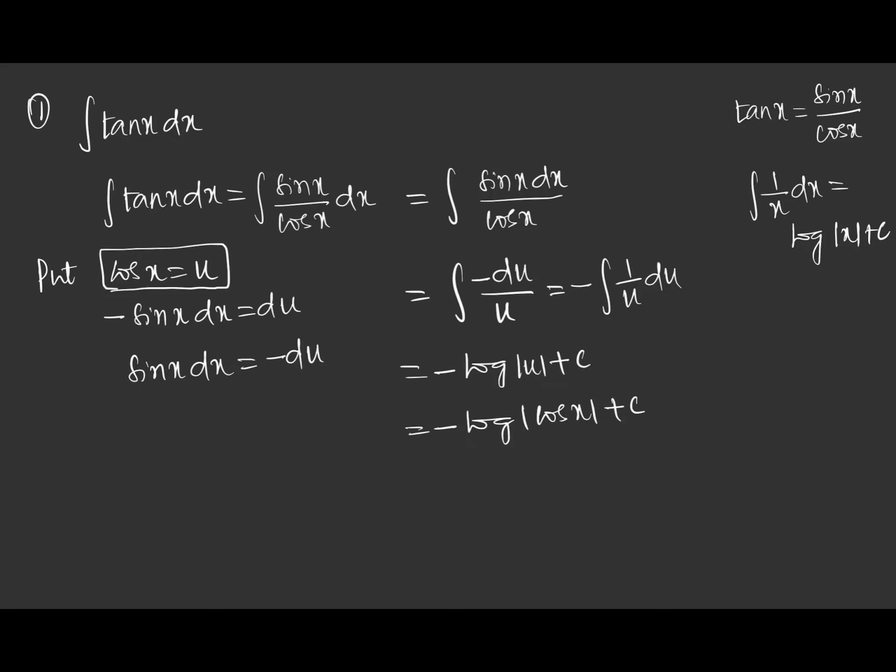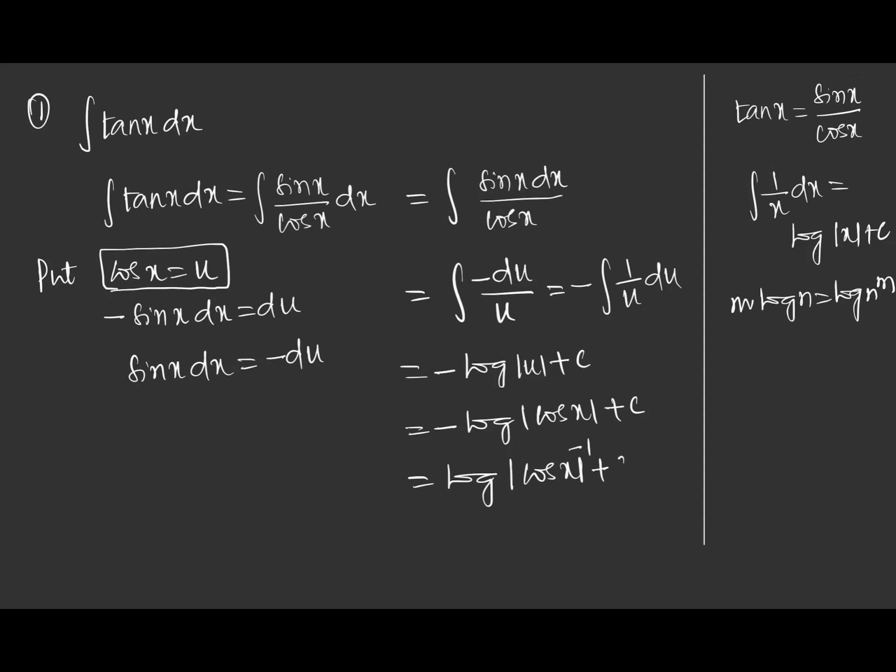Further, we know the identity of the logarithm, m log n equals log n to the power m. So this is log mod cos x to the power minus 1 plus c.